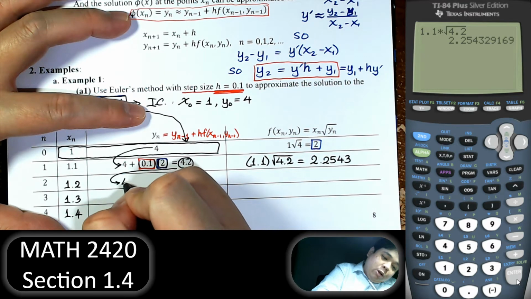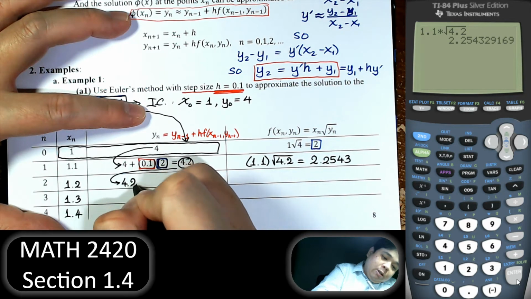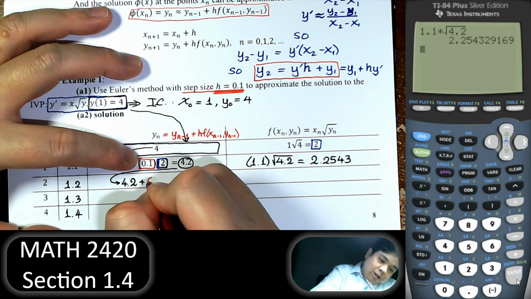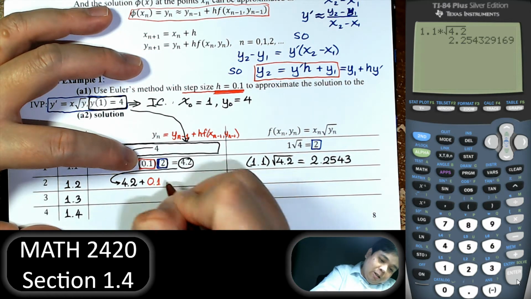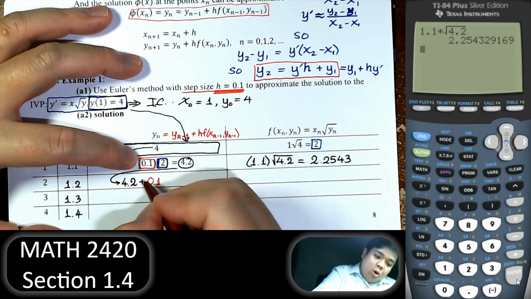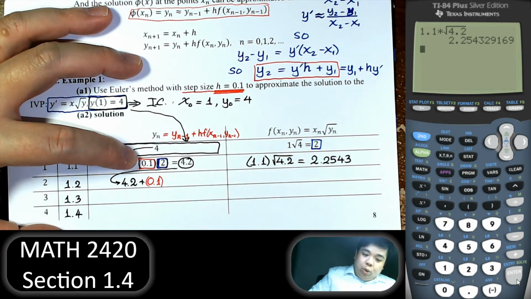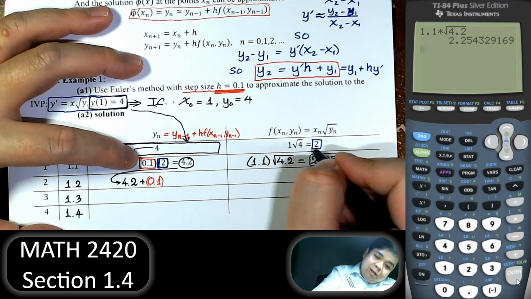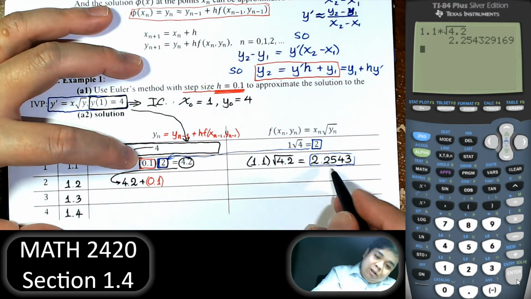So 4.2 plus the step size of 0.1 times the slope. The slope we calculated from the previous step. So we're going to use that.